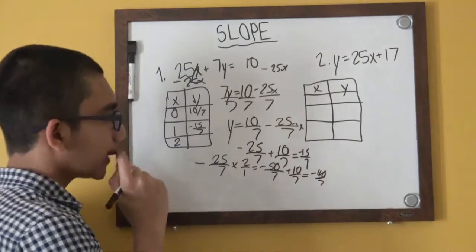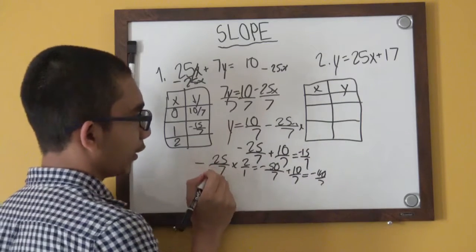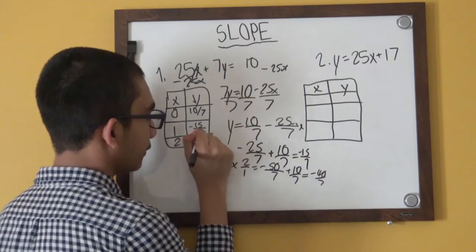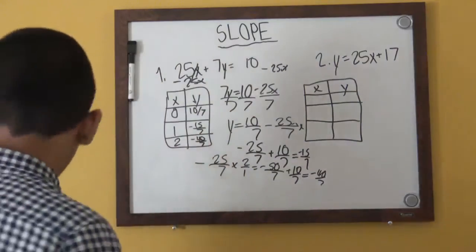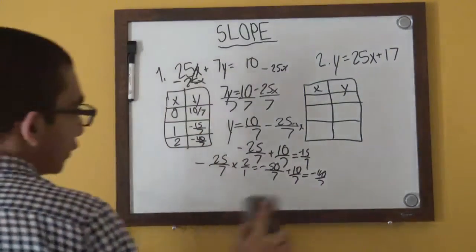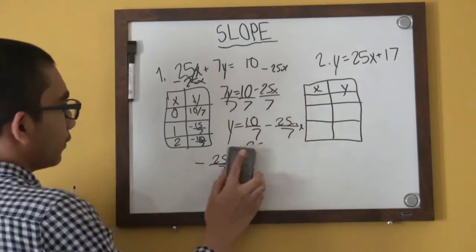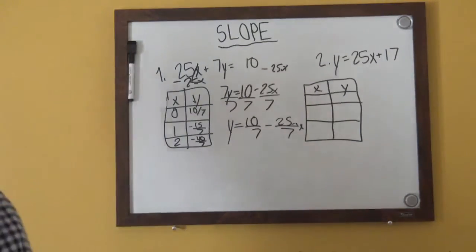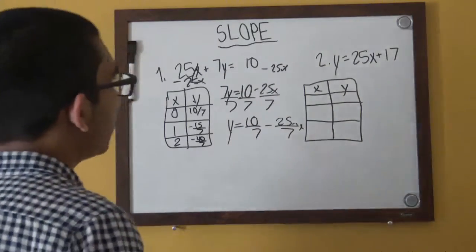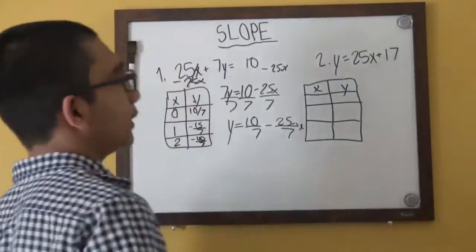Okay, so we'll put that in the table as well. So let's erase the bottom here. And now we'll do this one. This one is way simpler.